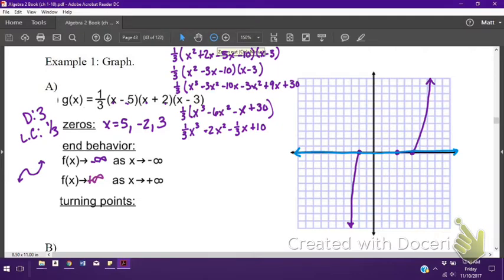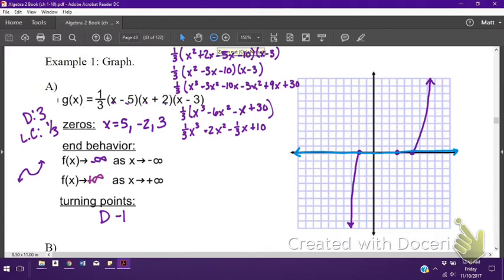So turning points. What does it mean to be a turning point? Well, a turning point is telling us when our graph changes direction. So at some point, it's going to turn around and go the opposite direction, and then it's going to do it again at another point, and so on and so forth. But how do I know that? Well, you take your degree and you subtract 1. As you can see at the very top of our notes, it says n minus 1.